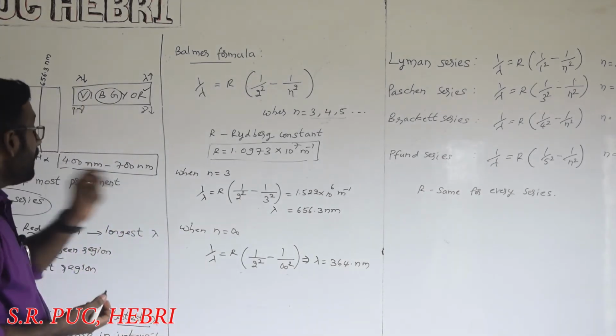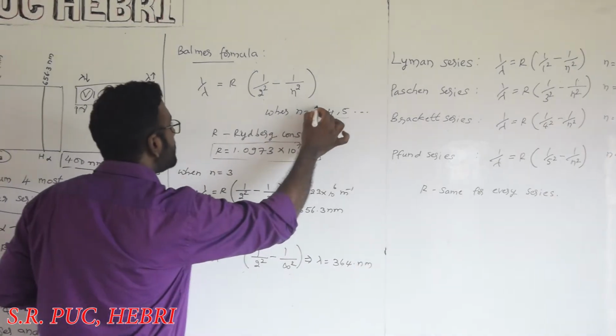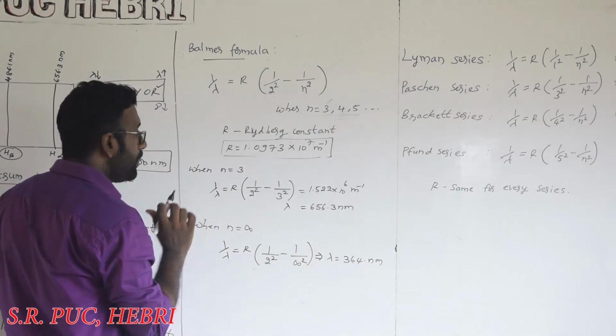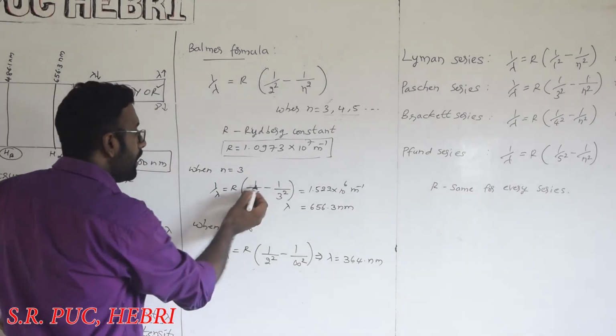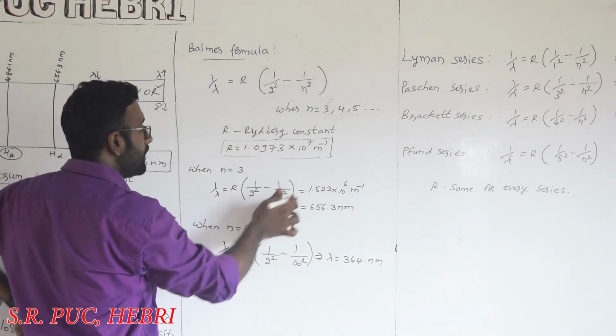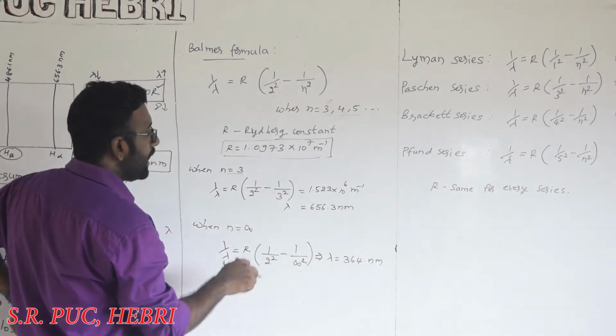Now we will substitute this value. When you substitute 3 in this Balmer formula, what do you get? The R value you already know, and 1 divided by 2 square minus 1 divided by 3 square. Just do the calculation.